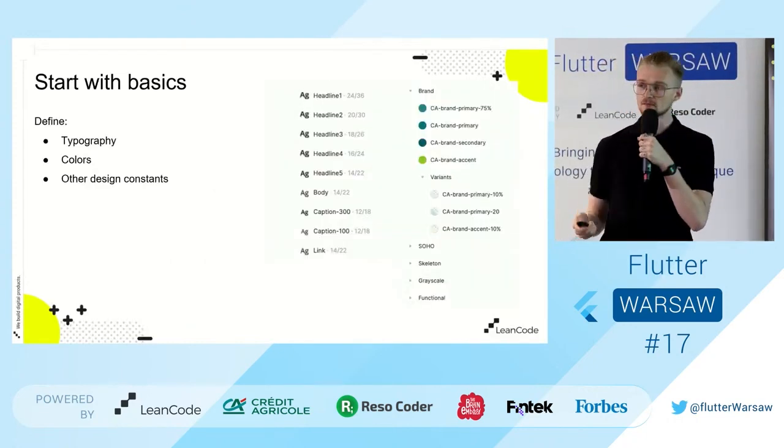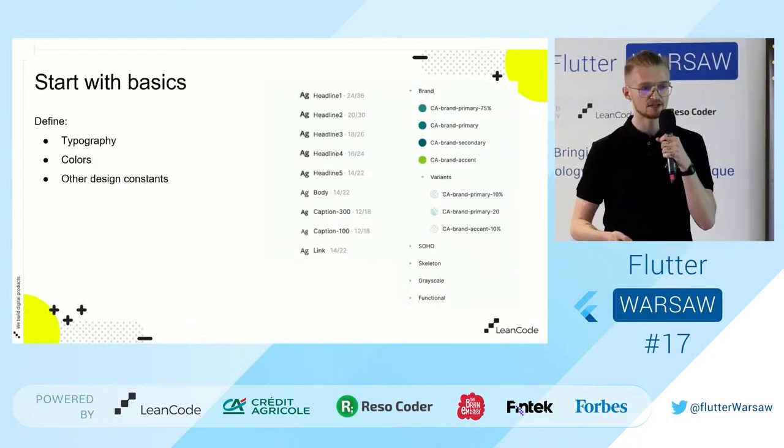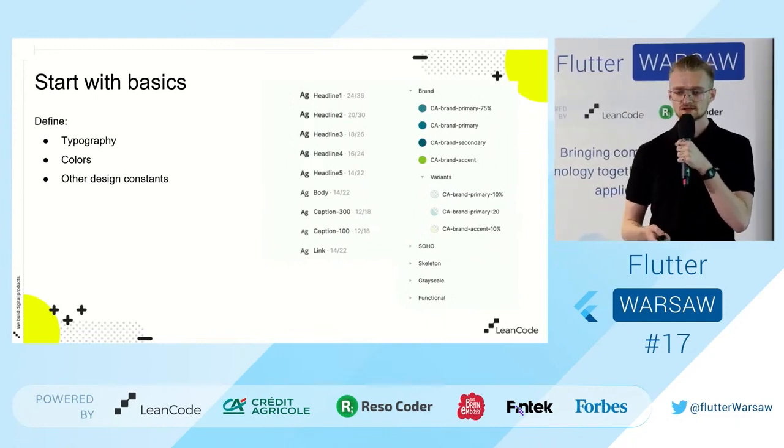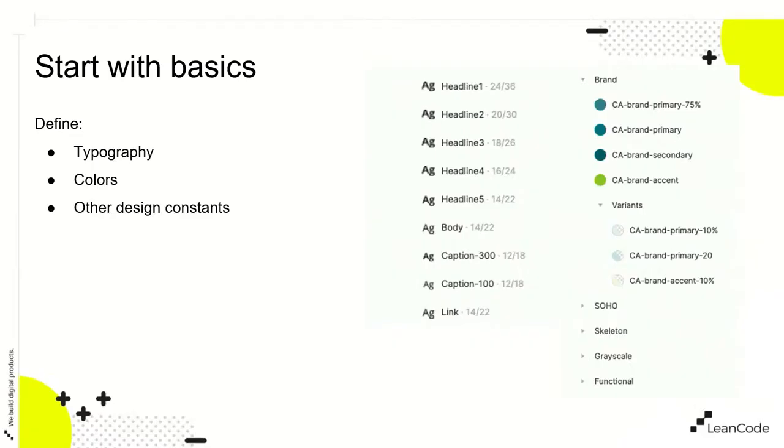Your design team, not the developers team, but the design team, shall have already prepared some kind of a style guide at this point, some document in Figma that defines the most basic stuff for a design. So that's stuff like the typography, what fonts and styles are used, the colors, and other design constants such as box shadows, sizings, grids, stuff like that.